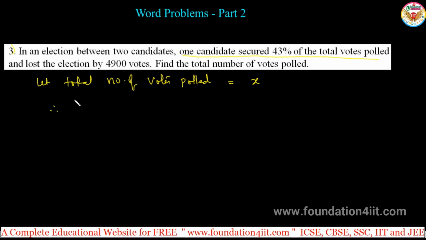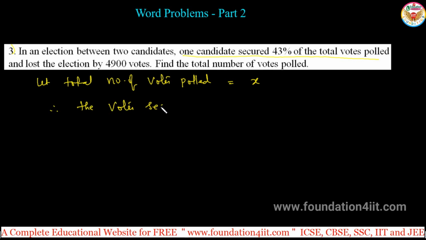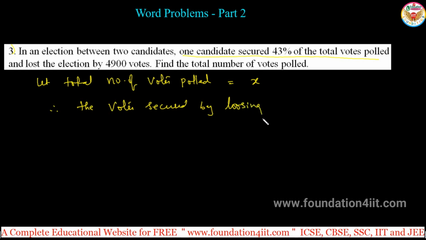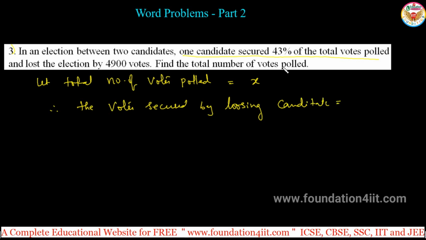So the votes secured by the losing candidate, the person who lost, is 43% of X. He secured 43% but lost.